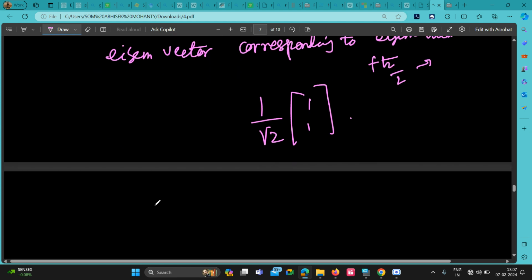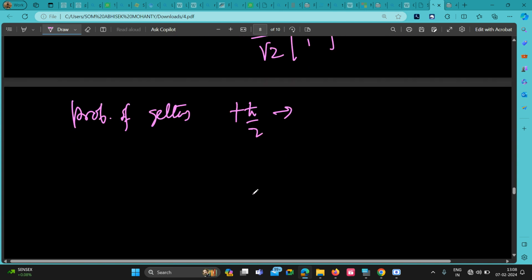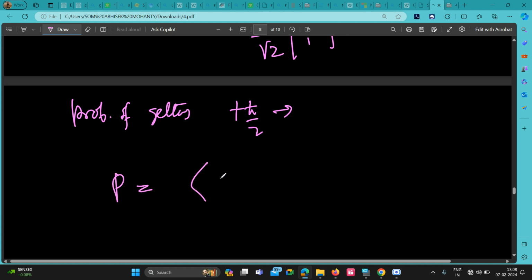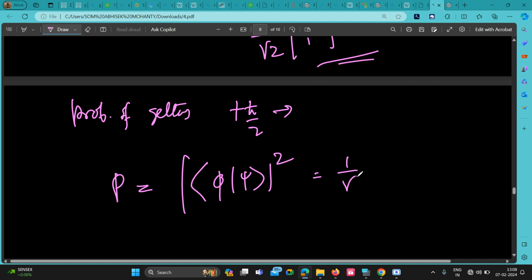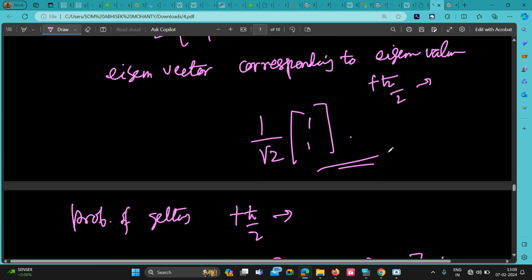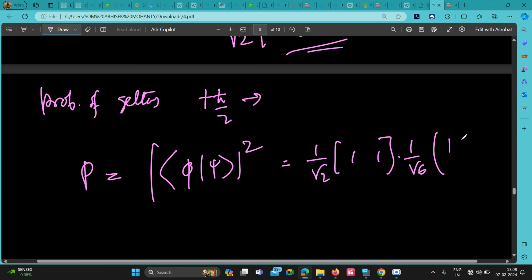So now easily you can calculate the probability of getting plus h cut by 2. It is equal to the modulus of phi psi squared. Phi is your this one. So 1 by root 2 (1, 1) into the one that we need, 1 by root 6 (1 plus i, 2), and their square.